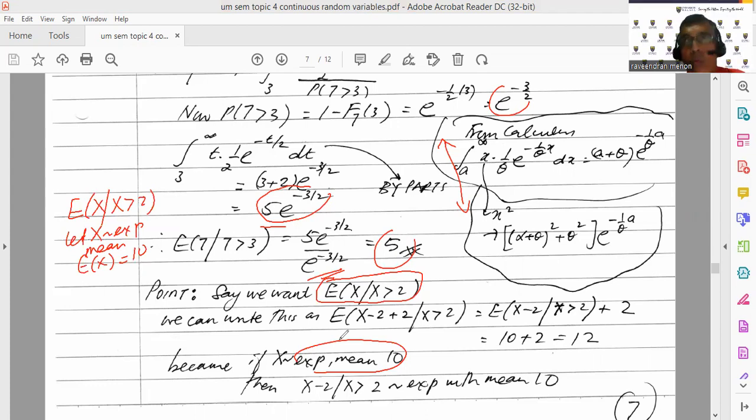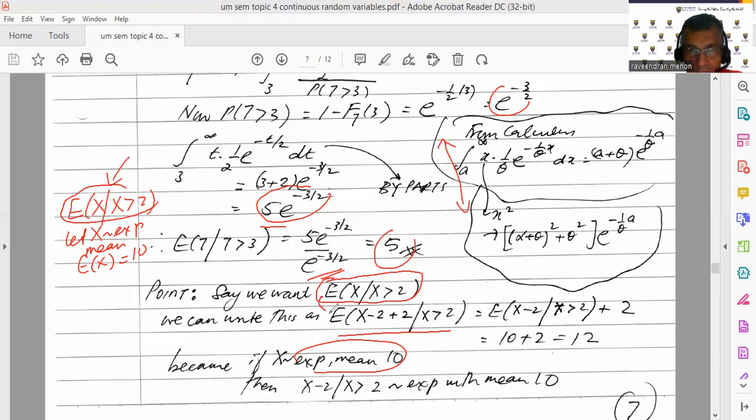One way you can do it, right, is to do a little bit of manipulation. Now, you already know how to do this without any manipulation. Just use the denominator at the bottom, which is a probability, and the numerator, which is an expectation. You can do the problem, right? Easy. But you can do a little bit of manipulation by writing this as, what do you notice? Expected value of X minus 2 plus 2, given that X is bigger than 2.